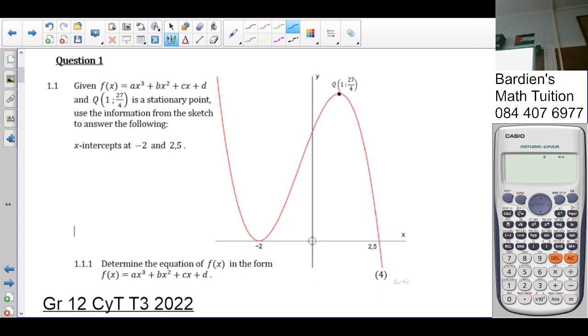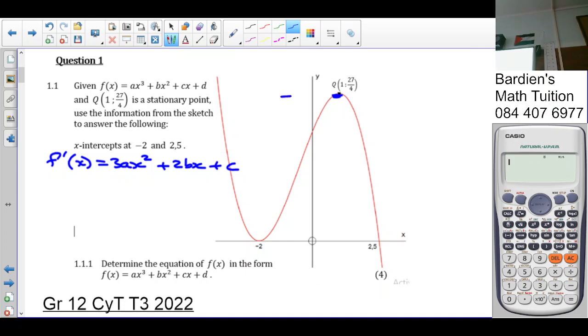Many of you worked out the derivative, which was correct: 3ax squared plus 2bx plus c. Then you substituted (1; 27/4), which is not the case here.